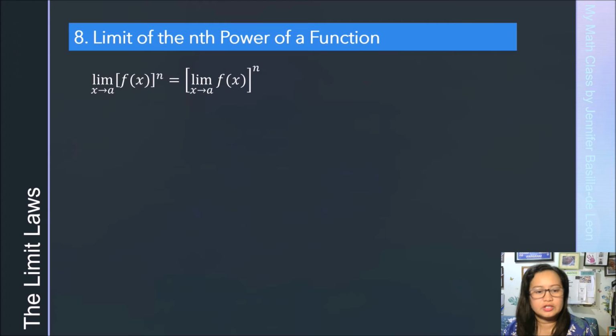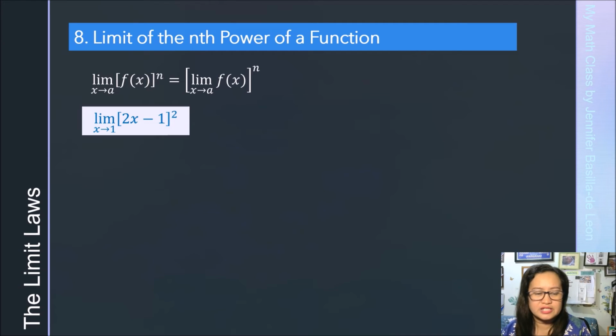Now, what if we have the limit of the nth power of a function? So with this, let's have an example. Let's say we have the limit of the square of 2x minus 1 as x approaches 1. Applying the same strategy, we evaluate the given function at x equals 1, and remember that it's raised to the second power.